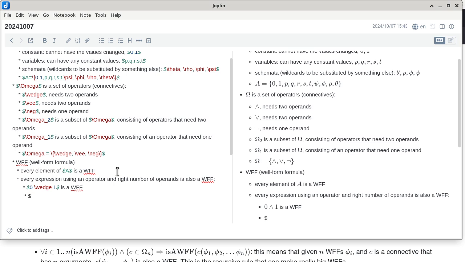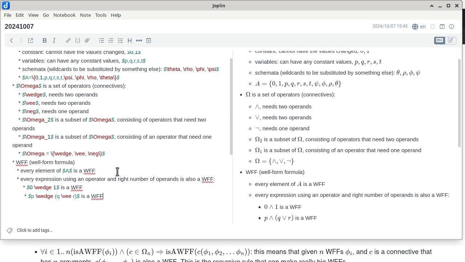So let's say we have another one, which is P and Q or R. That is also a well-formed formula. But this time we have to do a deeper analysis. So let's take a look at each letter first. Is P a WFF?